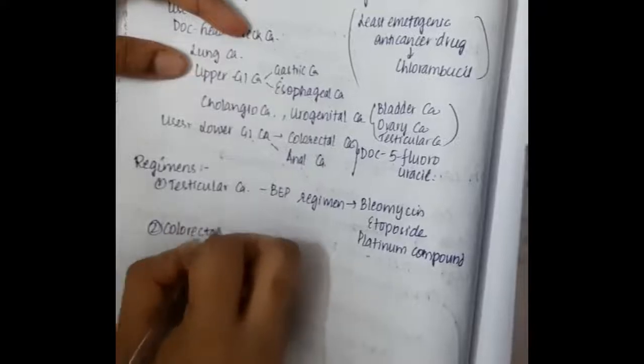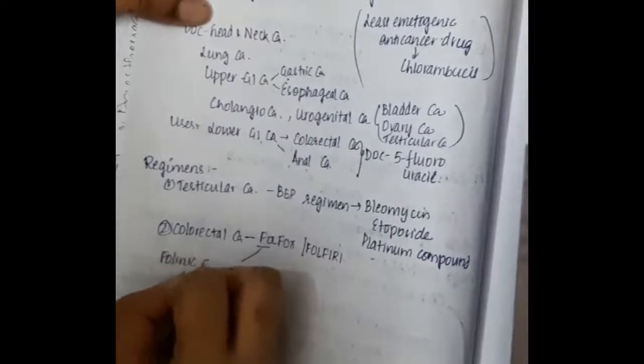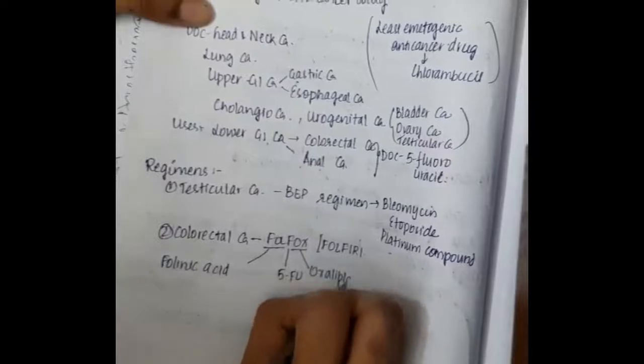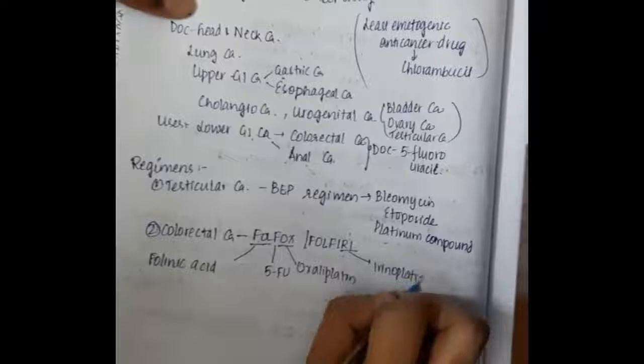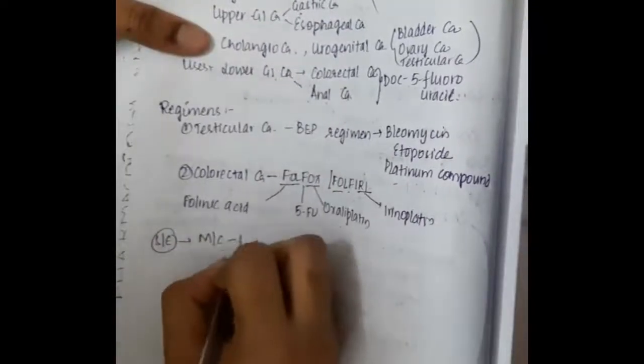Then second, for colorectal carcinoma, we have FOLFOX or FOLFIRI. FOLFOX includes folinic acid, 5-fluorouracil and oxaliplatin, whereas FOLFIRI includes folinic acid, 5-fluorouracil and irinotecan.